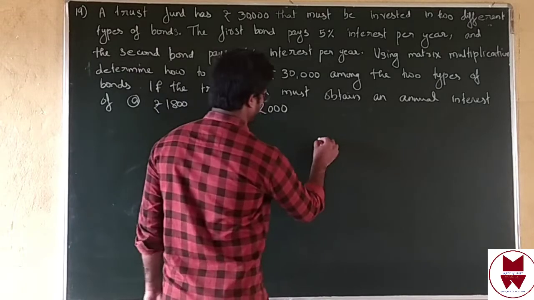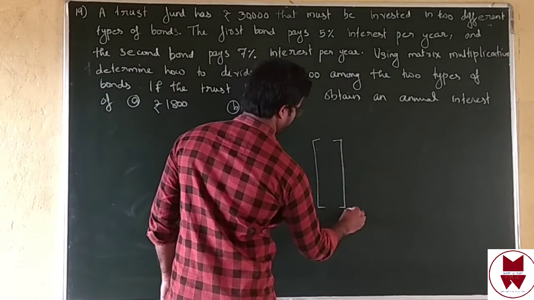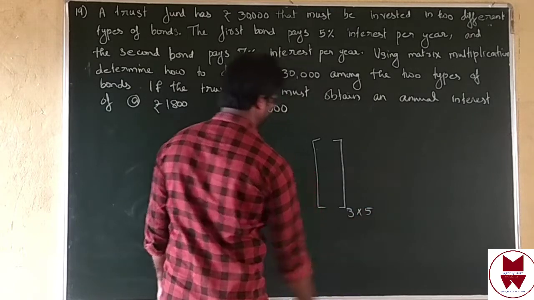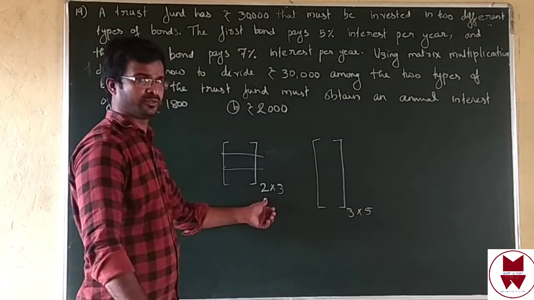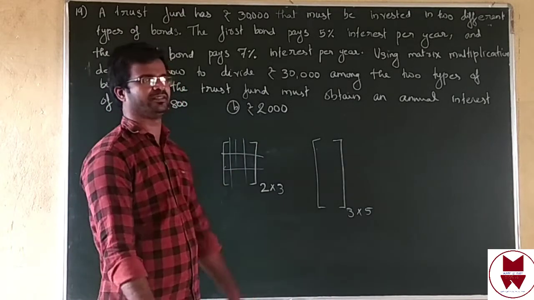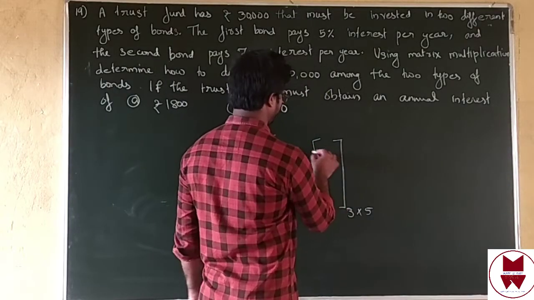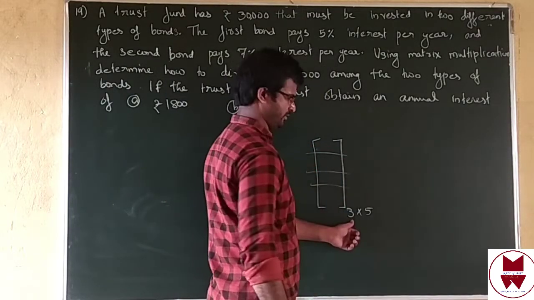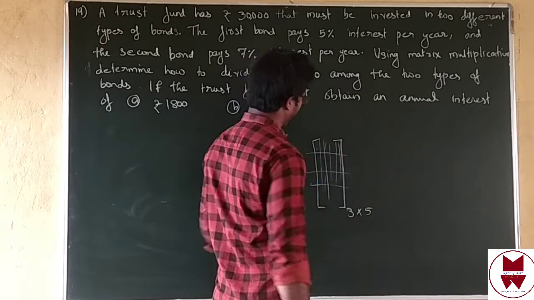Then another one, a 3 by 5 matrix. That means in the first, 2 rows are there, that is 2, then 3 columns. That is a 2 by 3 matrix. And the next one is a 3 by 5 matrix. That means 3 rows are there, then 5 columns.